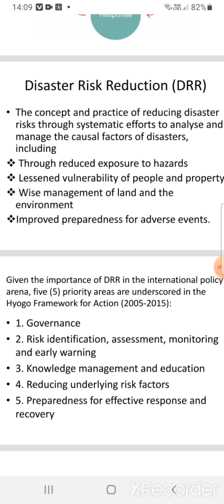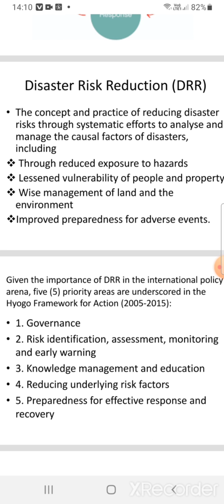Through some systematic efforts where we analyze the factors of a disaster. Then, what are the factors of disaster? The factors of disaster are vulnerability, risk, and capacity, three major factors. So we make a systematic effort to analyze all these three.